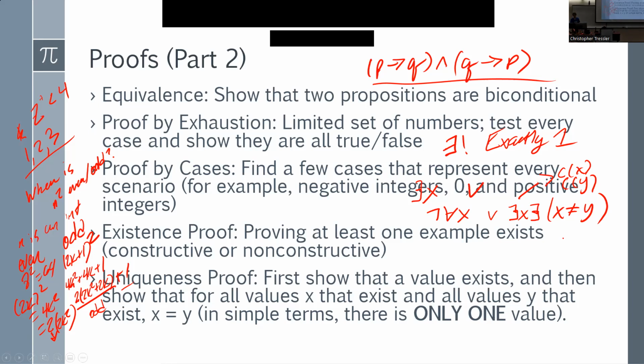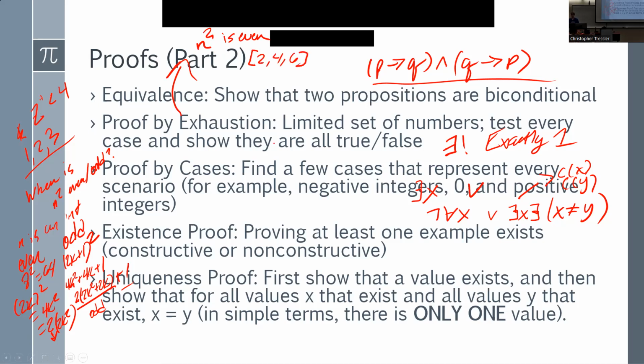It depends on the specific proof you're doing, right? So let's say you were saying n squared is even, and your set of numbers is going to be 2, 4, 6.